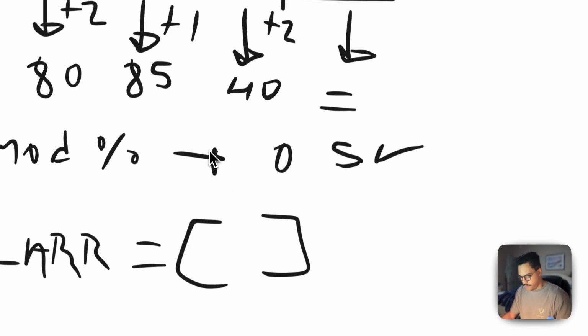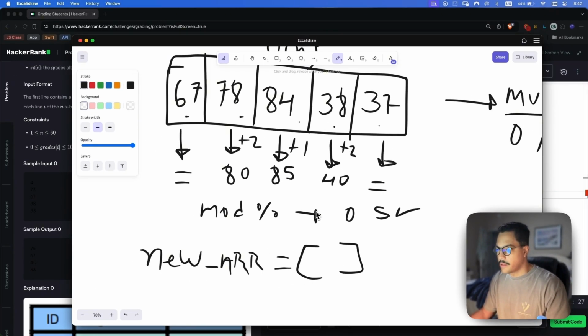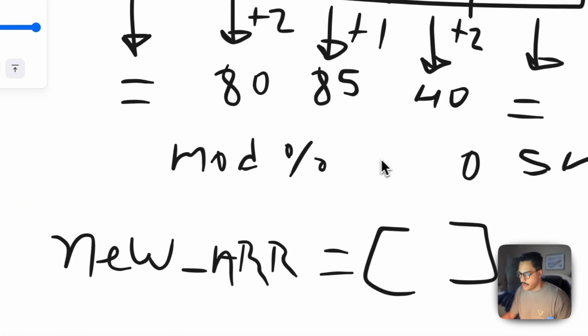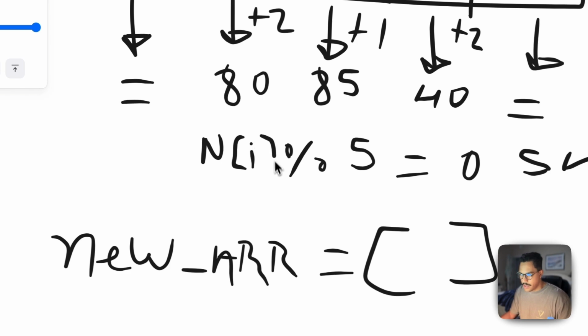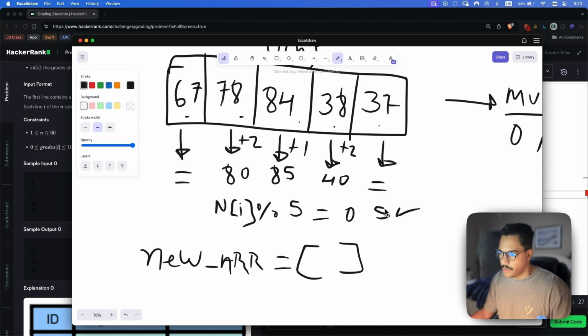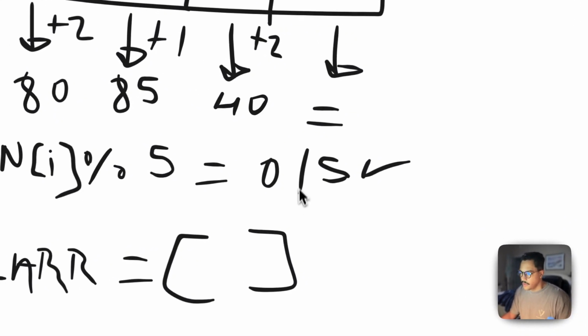If mod 5 equals 0, or rather, if the number in the array, n of i, mod 5 equals 0, then I know it's a multiple of 5, right?